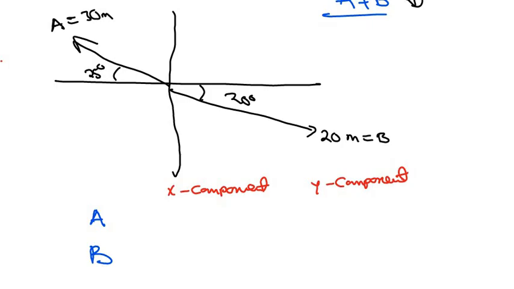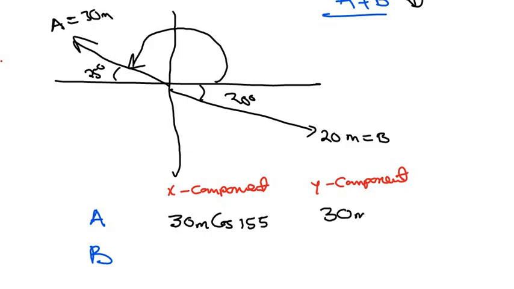The x component of a will be 30 meters, then cos. The angle has to be measured from the positive x-axis to where that vector is. So the angle that we're using for a will be 180 minus 25. That's simply going to be 155, meaning this side will be 30 meters, then sine 155.